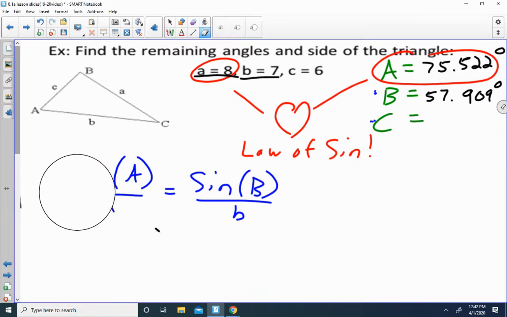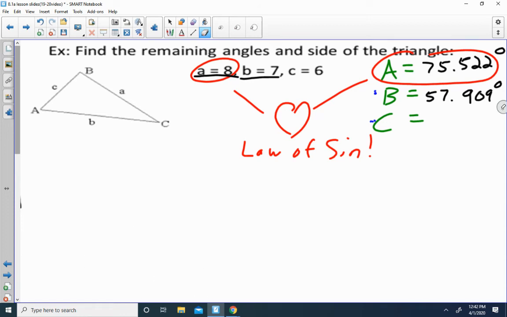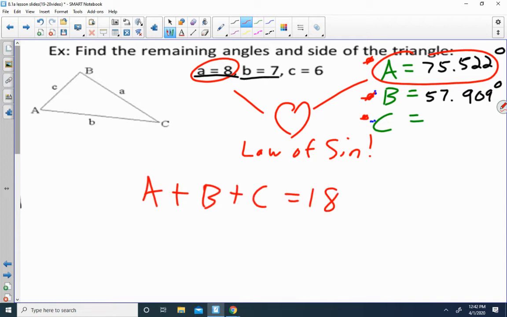To find big C, you guys know what to do from here. Because now that we have two angles, we can use 180 to find C. A plus B plus C equals 180. The big A will be 75.522. Big B will be 57.909.